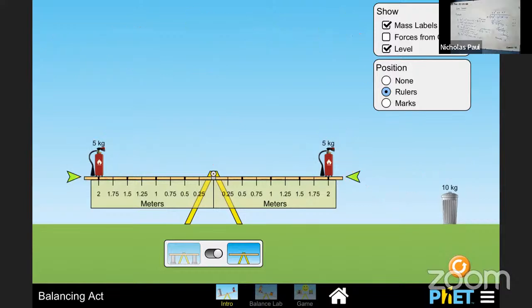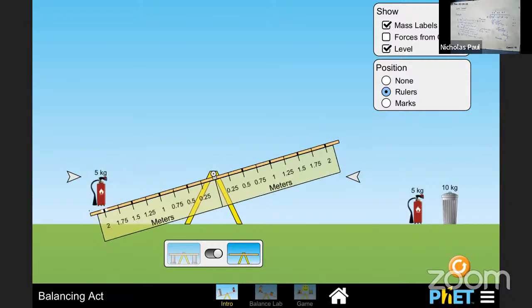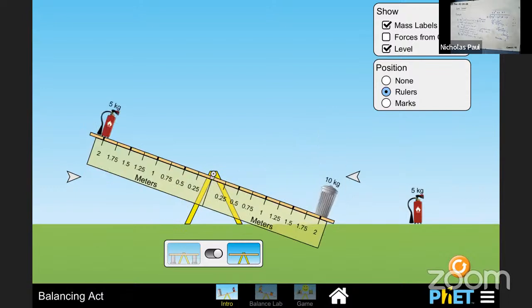So here's my question to you now. I am leaving the fire extinguisher on the 2-meter mark, but I want to figure out where to put the trash can so that we balance it out.